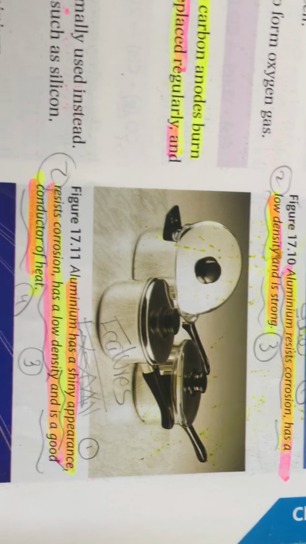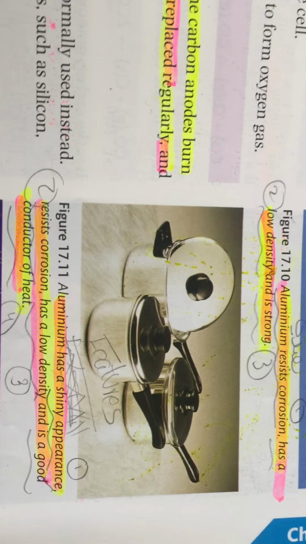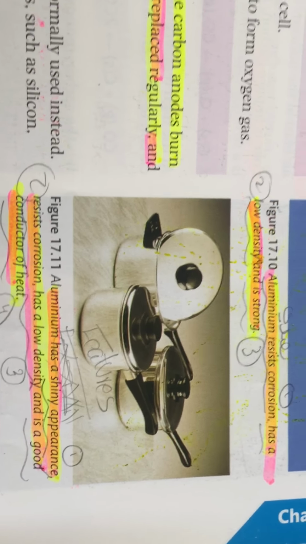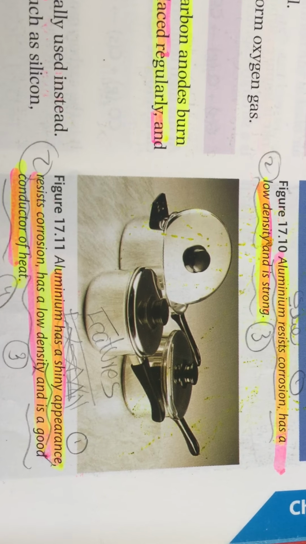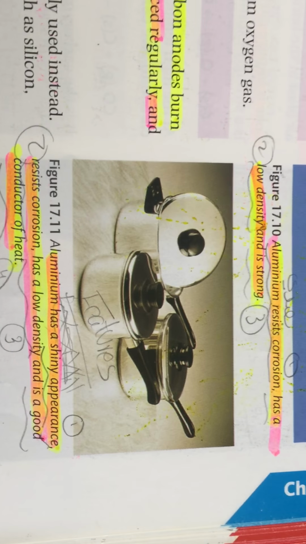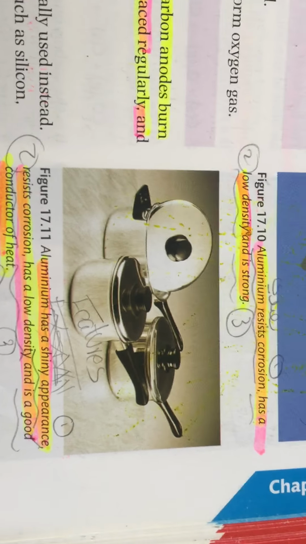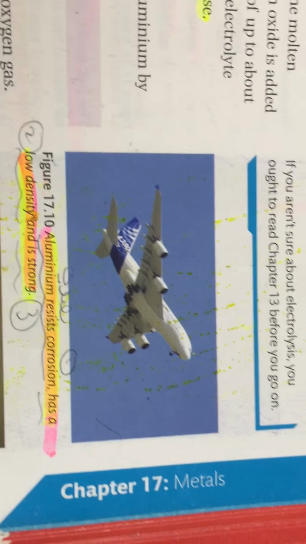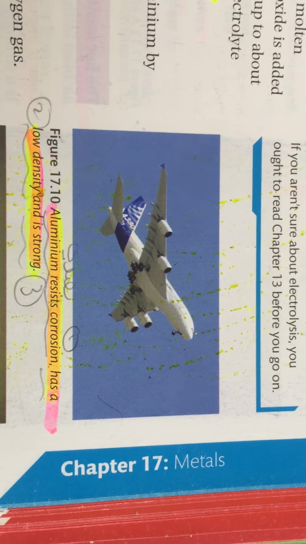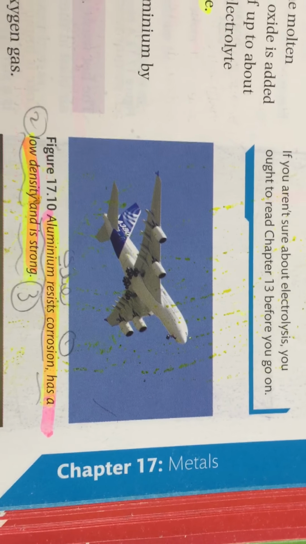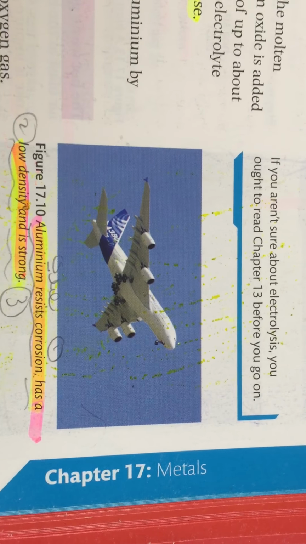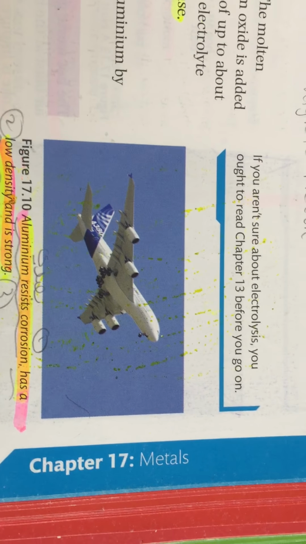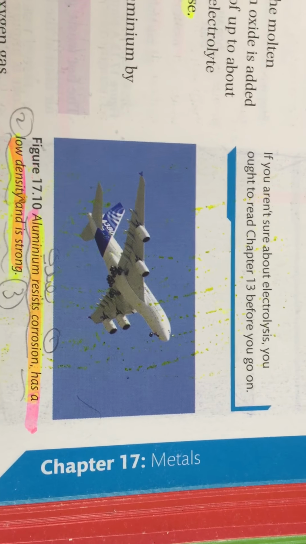Okay, why do we use aluminium in kitchen utensils? Also because it resists corrosion, is shiny in appearance, has low density and is a good conductor of heat. So the main reason we use aluminium in the body of an airplane is that it resists corrosion, has low density and is strong.